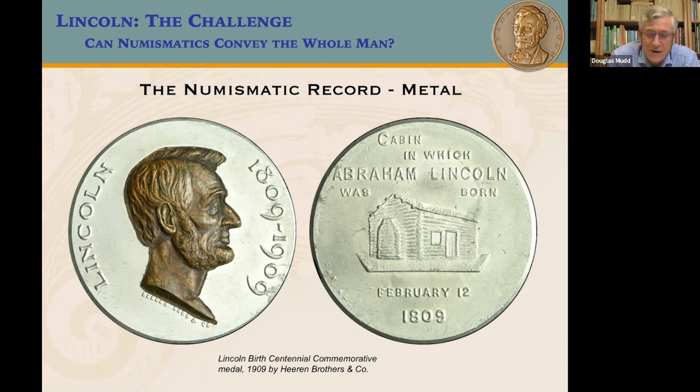It's for the centennial of his birth in 1909, and you have a very realistic portrait of Lincoln, nicely done and showing a neutral impression of him. So he doesn't really show much emotion, but you get a feeling of a strong and wise sort of figure, but not a lot of humanity to him.